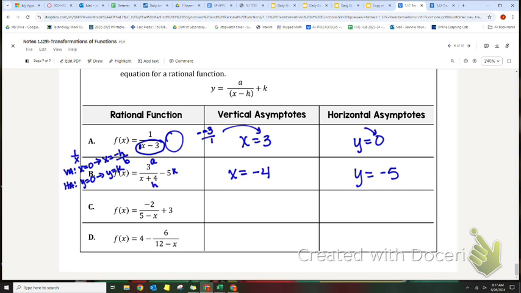Now on C, you got to be a little careful because now it's not just x, it's a negative x. Our b value there is -1, okay? So when we do x equals negative h over b, we're going to get -5 over -1, which tells us that x equals 5. And then y equals, from our horizontals, just that k value of 3. And then the same thing, if you notice, be careful here.